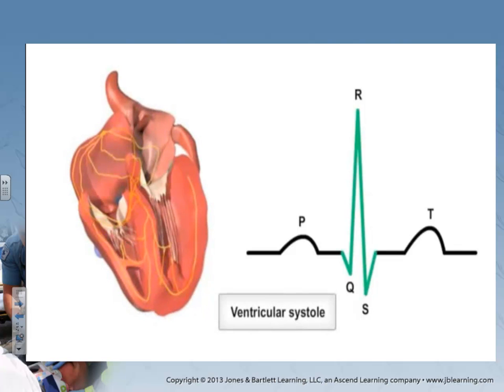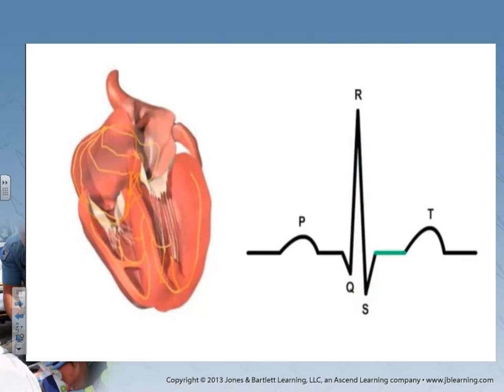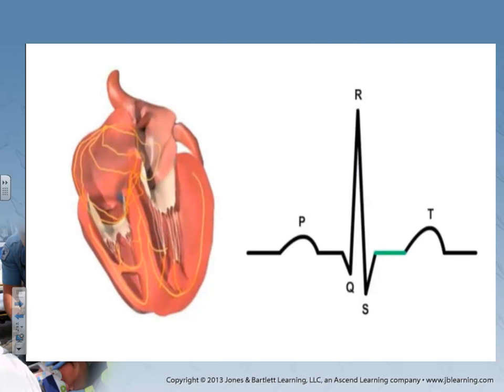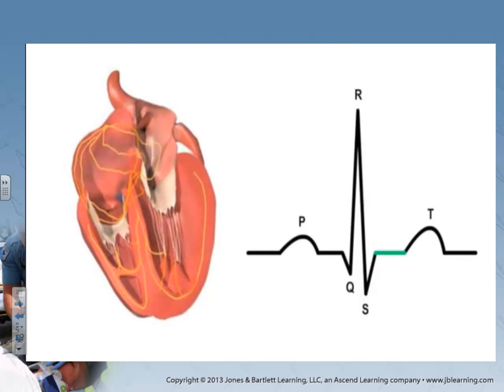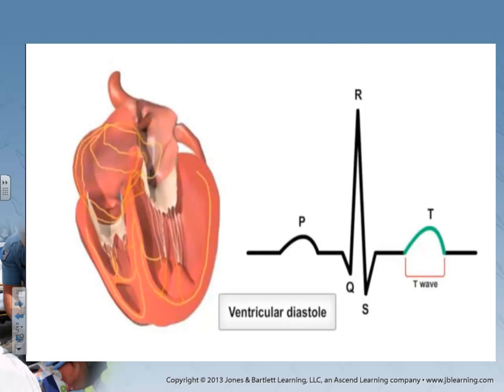The ECG's QRS complex represents this rapid ventricular depolarization. Atrial repolarization also occurs at this time, but any atrial activity is hidden on the ECG by the QRS complex. Finally, as the signal passes out of the ventricles, the ventricular walls start to relax and recover, a state described as ventricular diastole. The dome-shaped T wave on the ECG marks this ventricular repolarization.